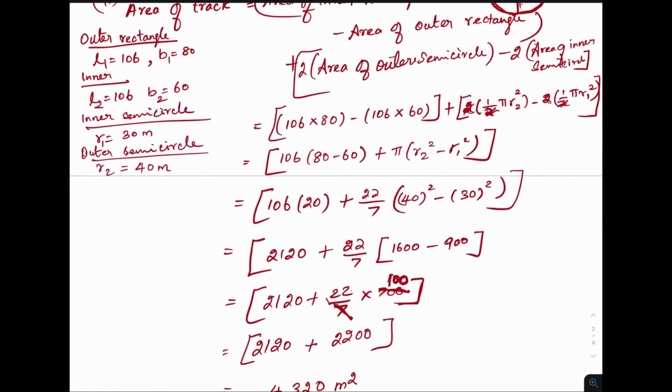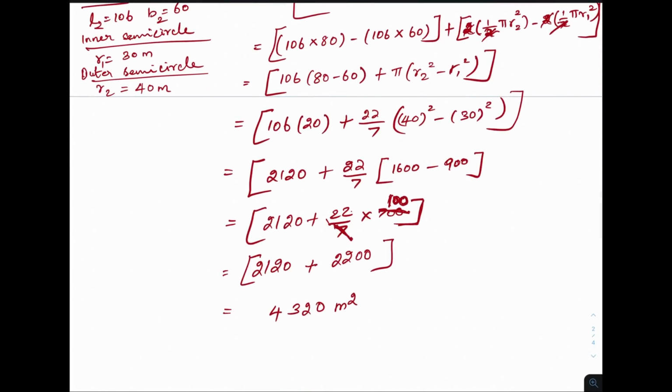So what remains is pi R2 square minus pi R1 square. From there we have taken pi outside. So pi value is 22 by 7, R2 we know is 40. So 40 square minus 30 square. We should not subtract 40 minus 30 and then write it as 10 square. That is wrong.